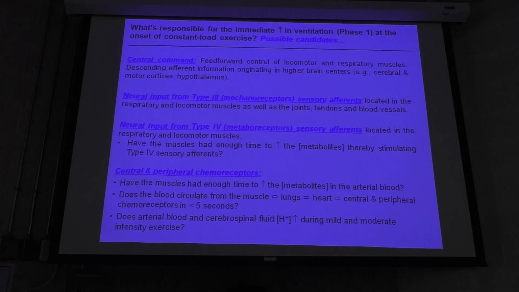So in the next couple of lectures we'll go through experimental evidence for and against these different feed-forward and feedback pathways contributing to the control of ventilation during exercise. And then we'll move into a series of slides about how the respiratory system can be a factor contributing to exercise performance limitation.